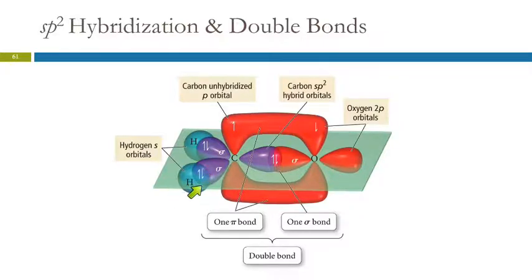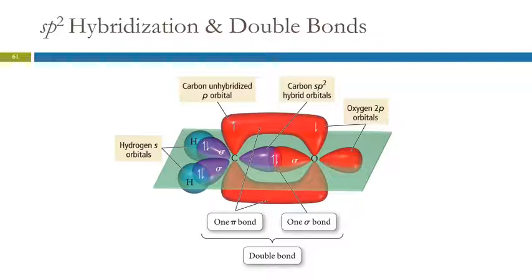These bonds, well, let's look at this one. This one's easier. Here we've got this sp2 hybrid orbital, which is this sort of balloon shape. And then we've got this p orbital here, and they're overlapping end to end, right? Overlapping end to end. We call that a sigma bond. And the p bonds here are overlapping side to side, and that's called a pi bond. So we've got 1 sigma bond and 1 pi bond between the carbon and the oxygen.